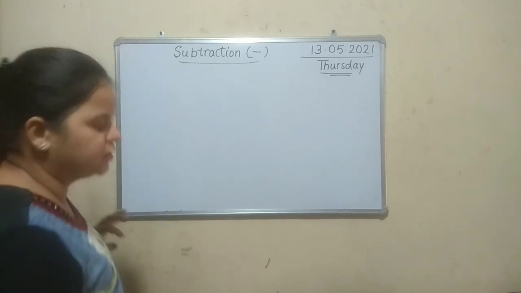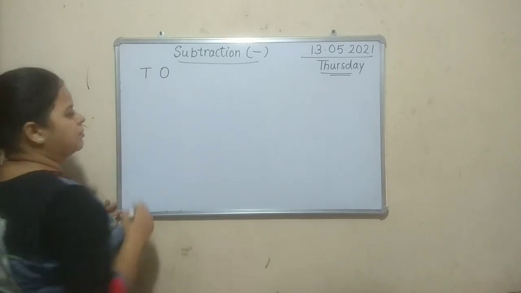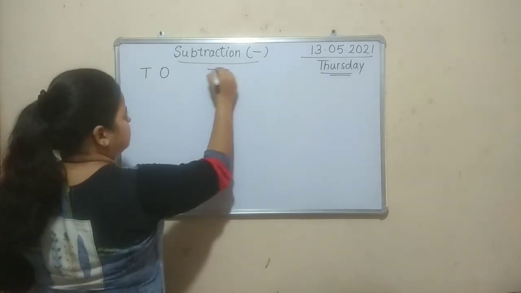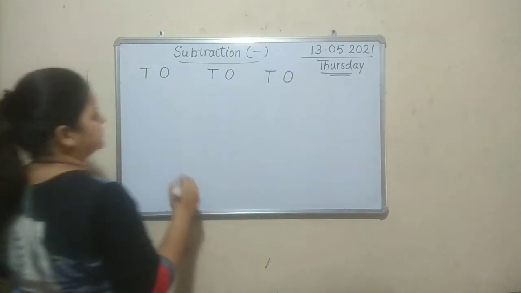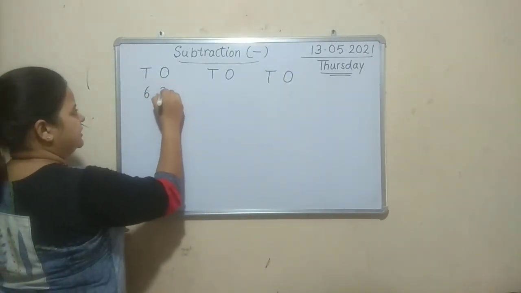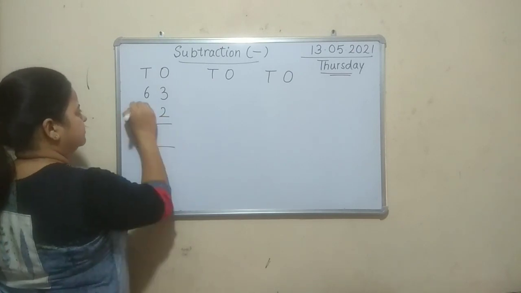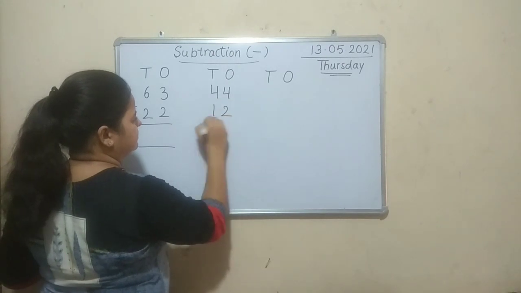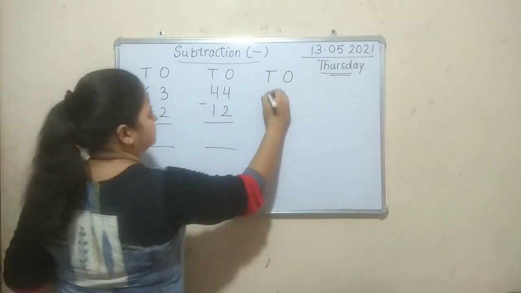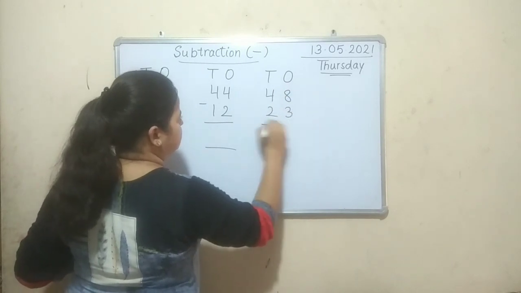We will start subtraction now. First of all, write tens, ones on top of every sum. Tens, ones, tens, ones. 63, 22. 44, 12. 48 and 23.